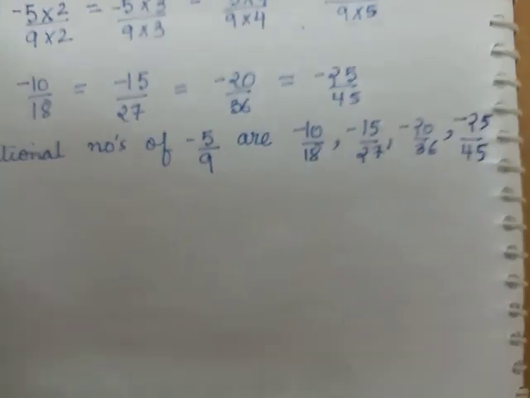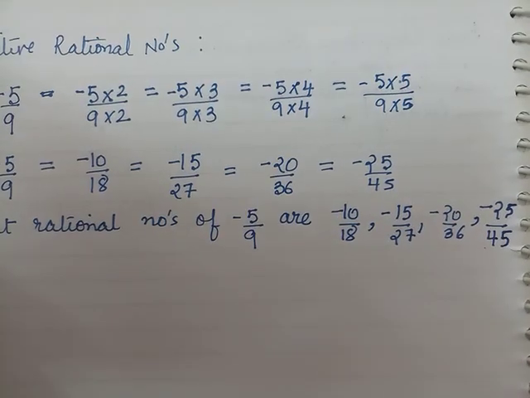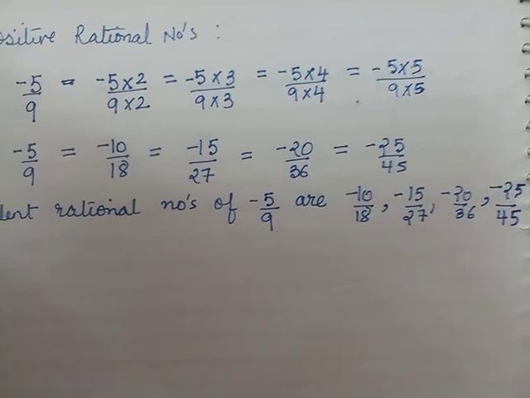Okay children, this way we write the four equivalent rational numbers.